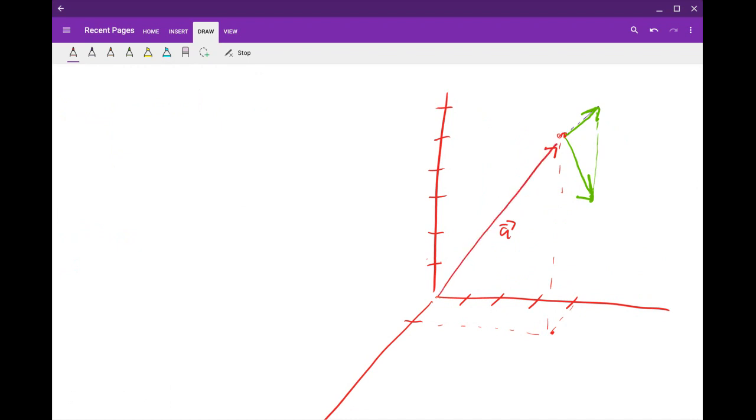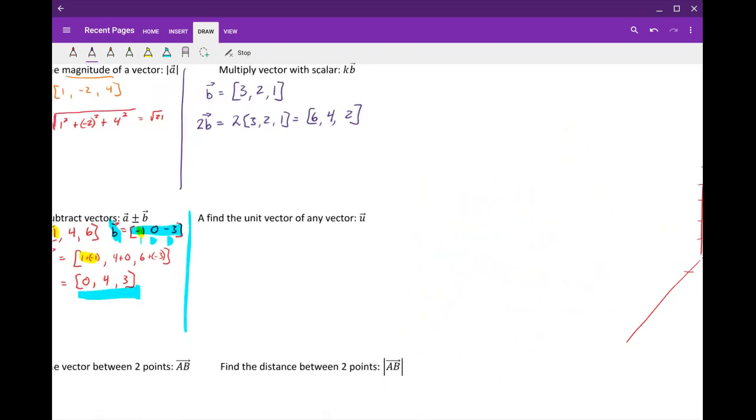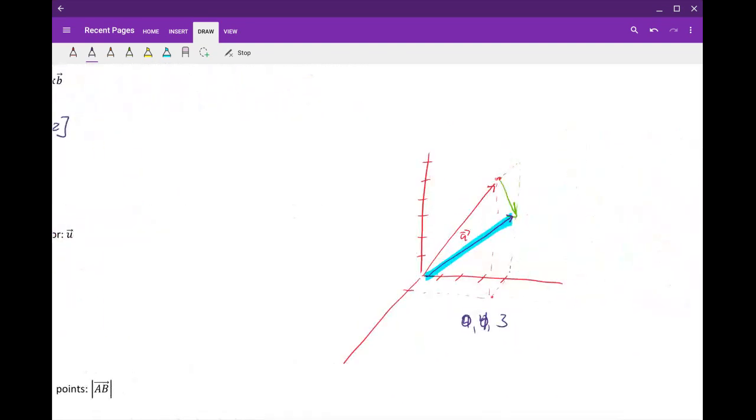Like that, and like that. 3 down. So now the new vector, A plus B, is right here. And if you look closely at it, it's 0, 4, and 3.